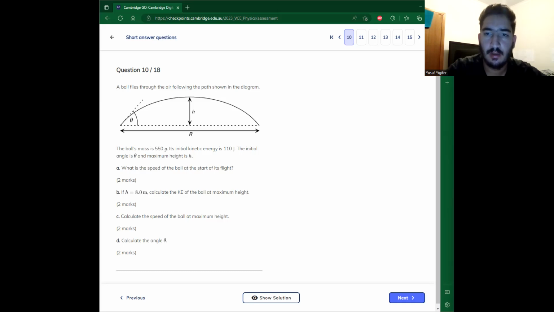E_K initial equals the energy final. Now we're using the conservation of energy formula. So this is the kinetic energy initial here. The energy final is mgh, which is gravitational potential energy, plus E_K, which is the E_K that we're looking for.